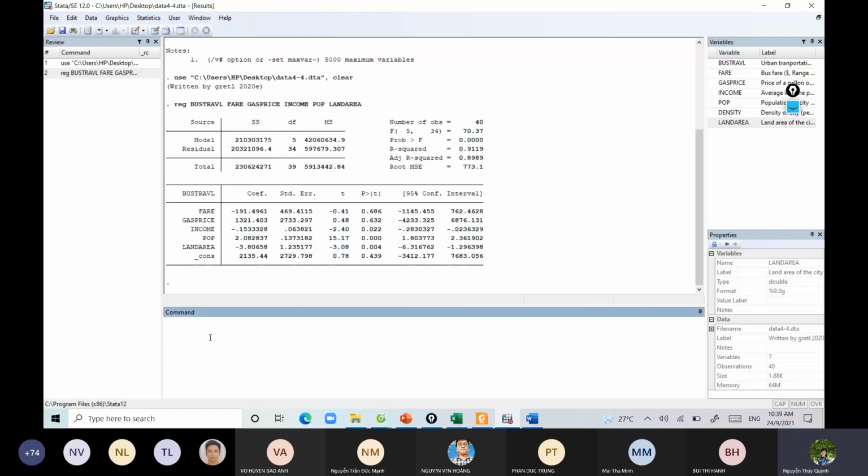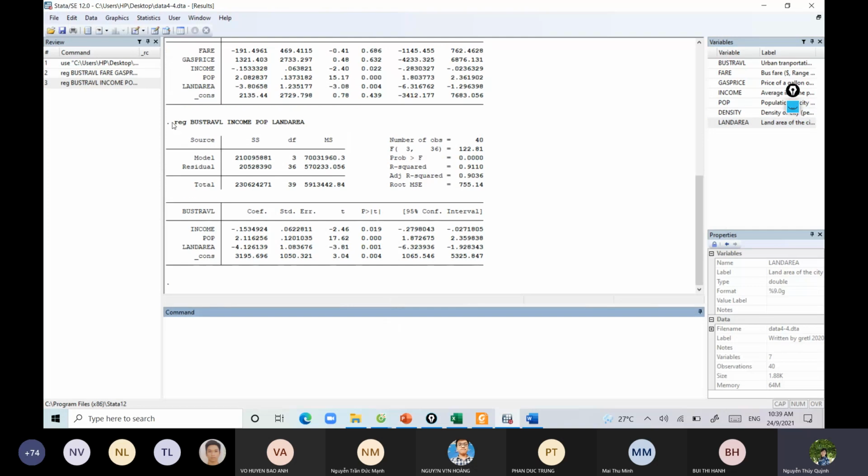Now I will have to regress the restricted model, where we do not have fare and gas price in our model. So our independent variables will be income, pop, and land area. Enter.